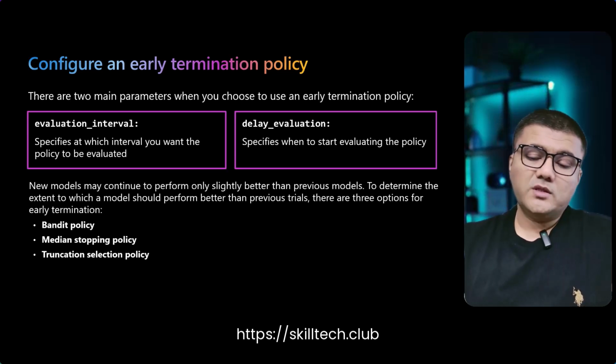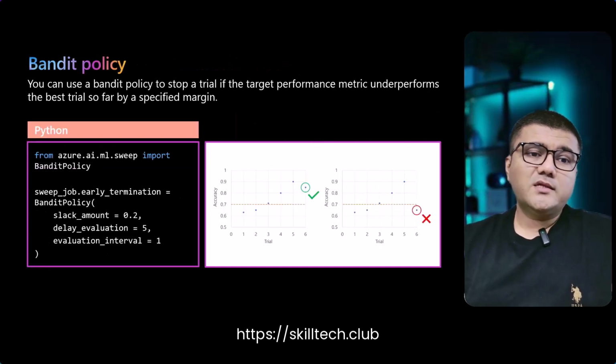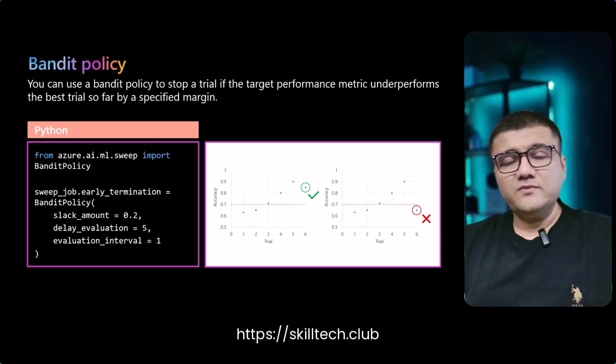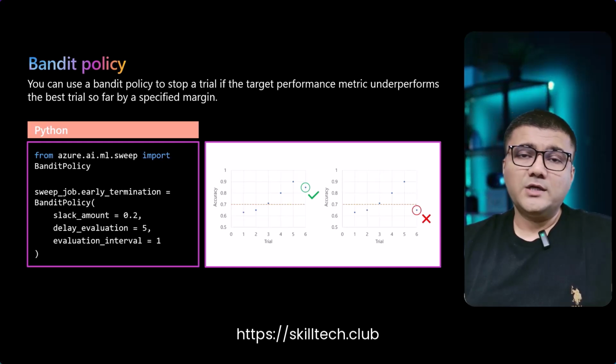So let's start with the first one, Bandit Policy. You can use a Bandit policy to stop a trial if the targeted performance metric underperforms the best trial so far by the specified margin. So basically you try to find out which one is the best trial so far and what margin you want to specify.